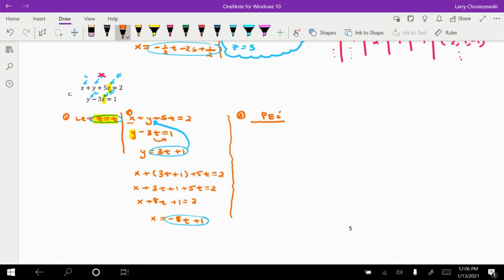No, I'm just kidding. So yeah, the 3t and the 5t do combine to give us 8t. And so we should have x equals negative 8t plus 1. So here we go. X equals negative 8t plus 1. Y is equal to 3t plus 1. And then z is equal to t. And those would be our parametric equations.